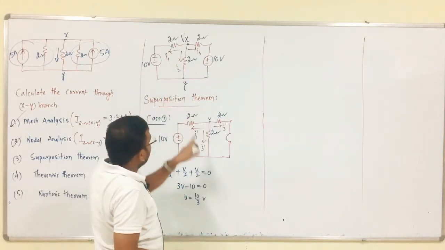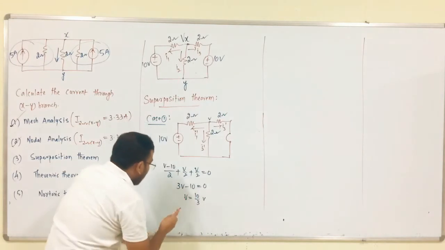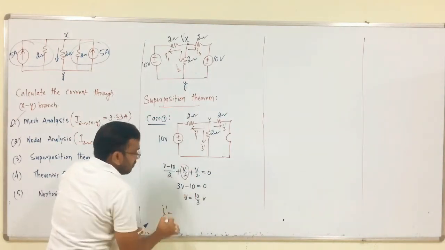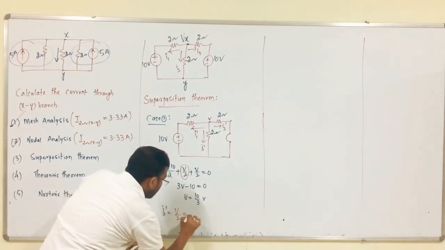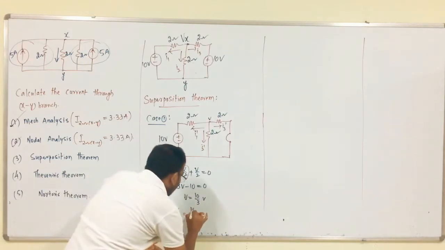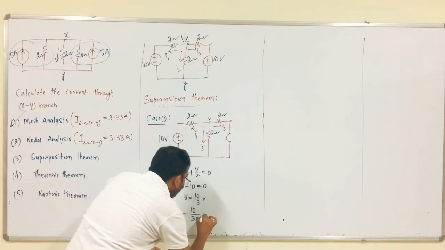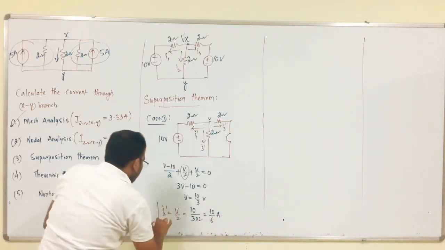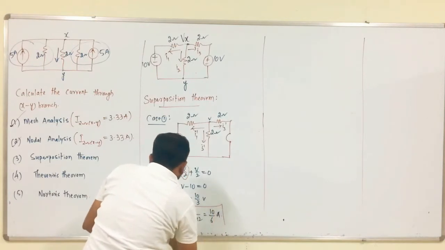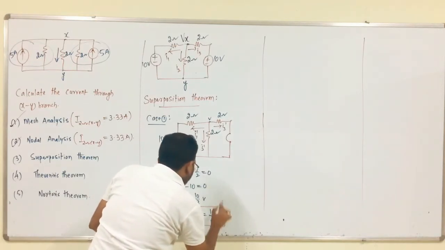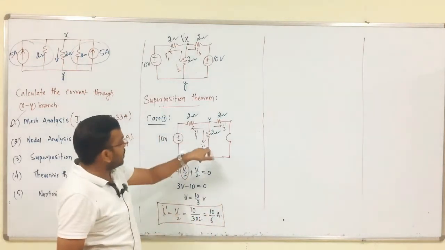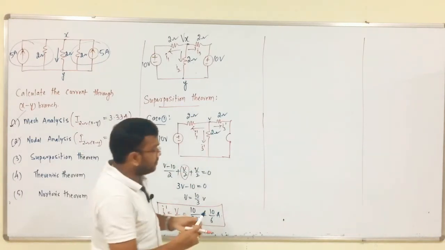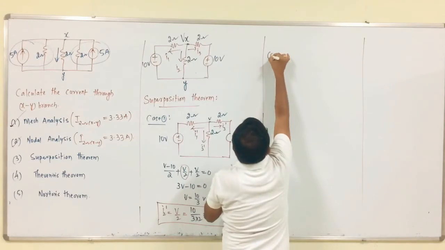Now, I2 dash is V by 2, which is 10 by 3 into 2, which is 10 by 6 amps. So, now we have one branch current in case 1, that is 10 by 6 amps through this branch. Now, we are going to deal with case 2.